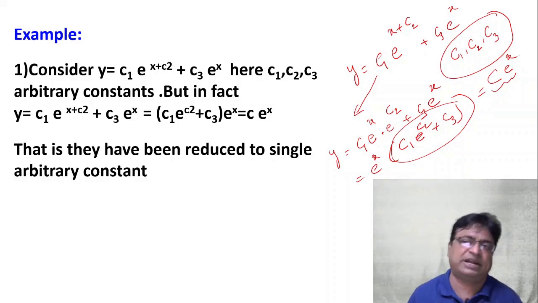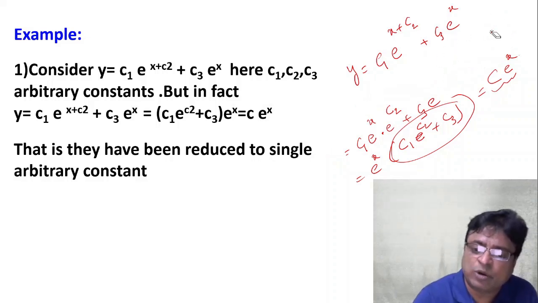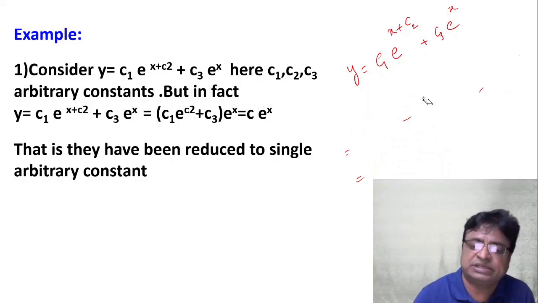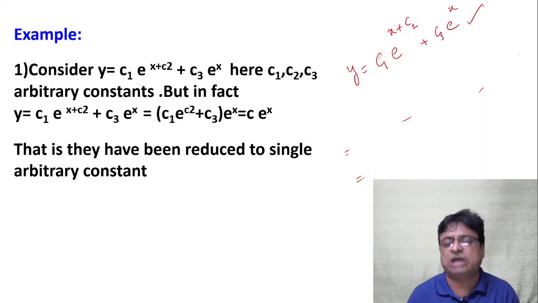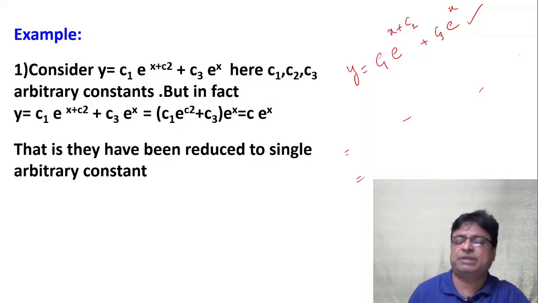This is an important fact. Suppose they ask the question: order of the differential equation obtained by this equation. Majority of the students give the answer as 3. The answer should be what? Only 1. Though 3 different arbitrary constants appear, we can reduce them into a single arbitrary constant.